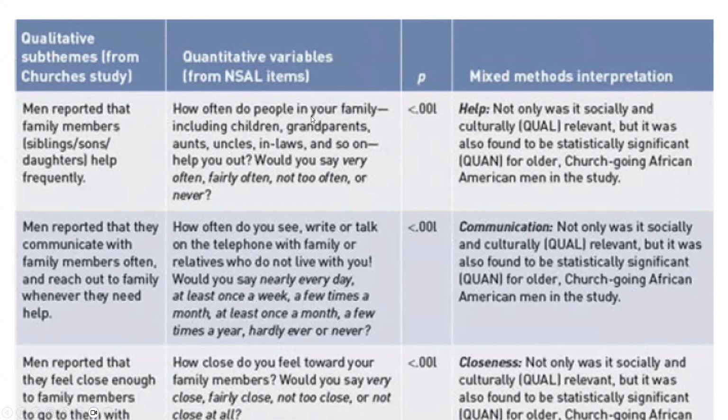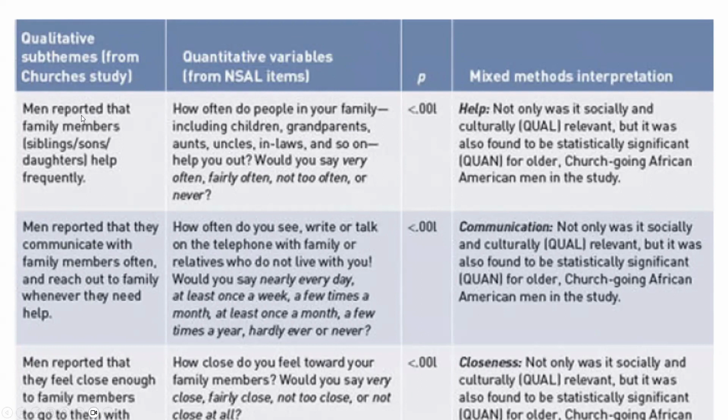How often do people in your family, including children and grandchildren, help you out? How would you say: very often, fairly often, not often? So how do you prepare the question? This is the way you prepare the question. For example, this is the theme you are generating from qualitative. Of course, in the second phase quantitative, you have to develop questions. How do you develop a question for this theme?